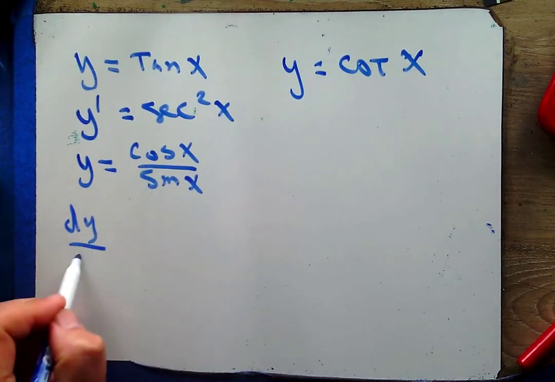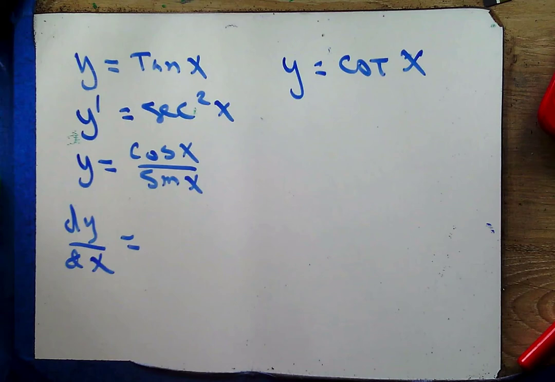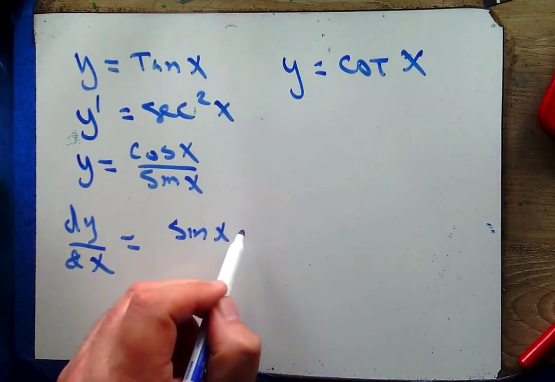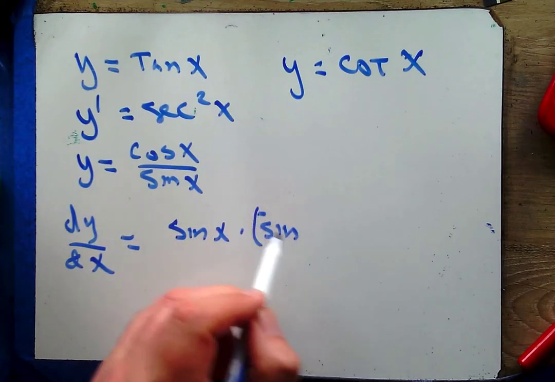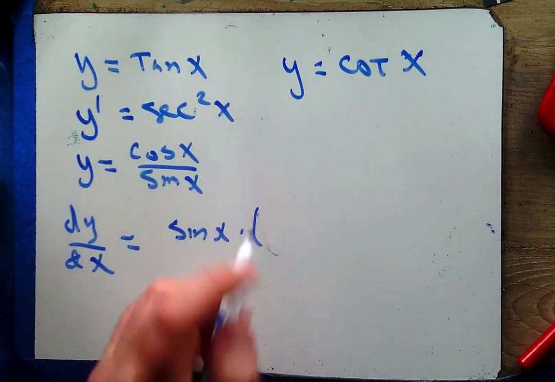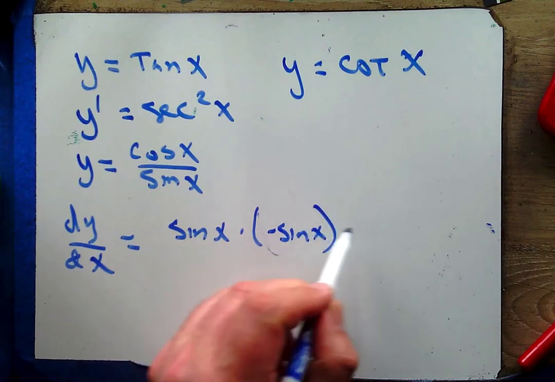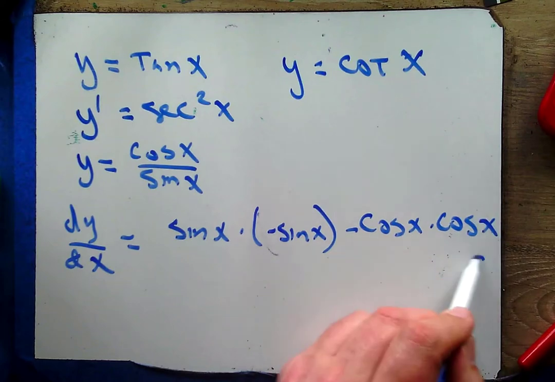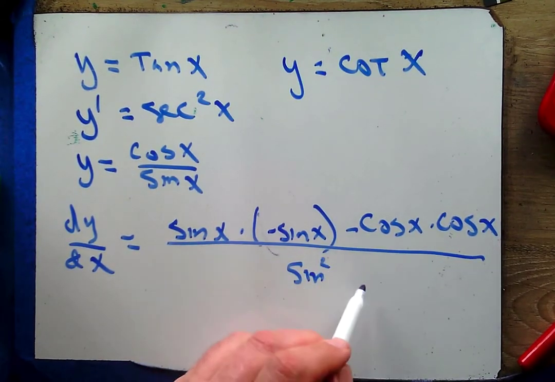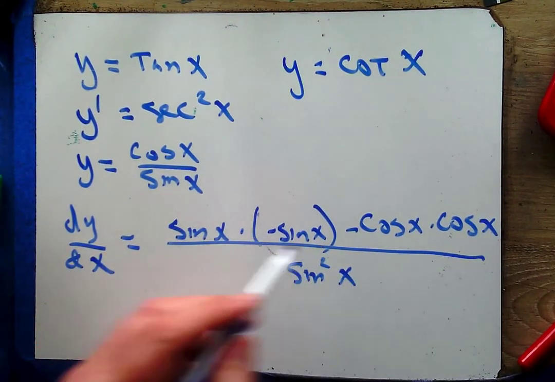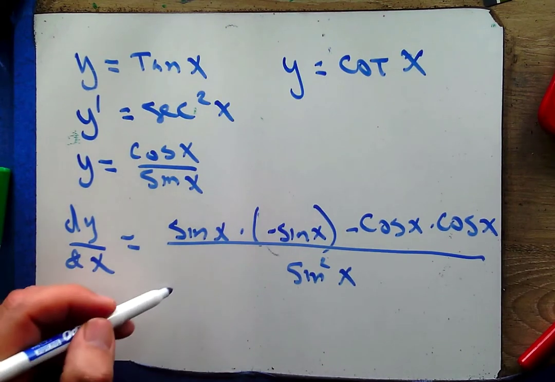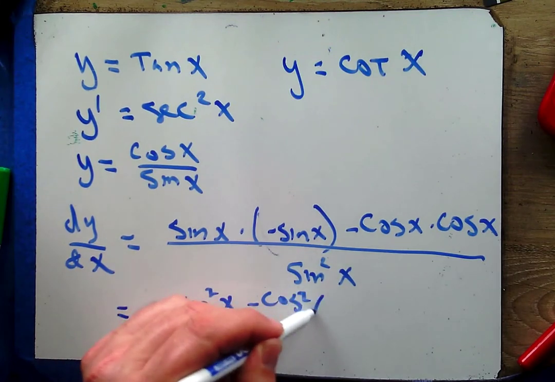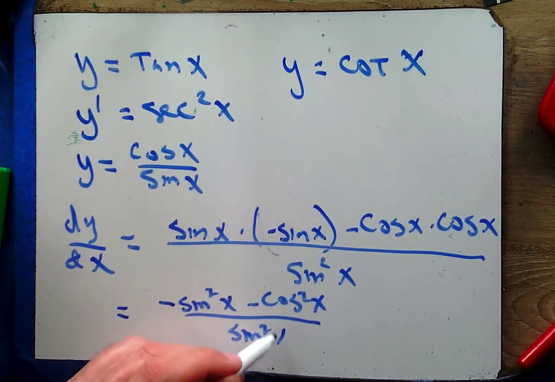And if I wanted dy dx, I'd have to use the quotient rule, which now would be low d high minus high d low, all over low squared. Well, now, when I look at the top of this fraction, I have negative sine squared x minus cosine squared x over sine squared x.